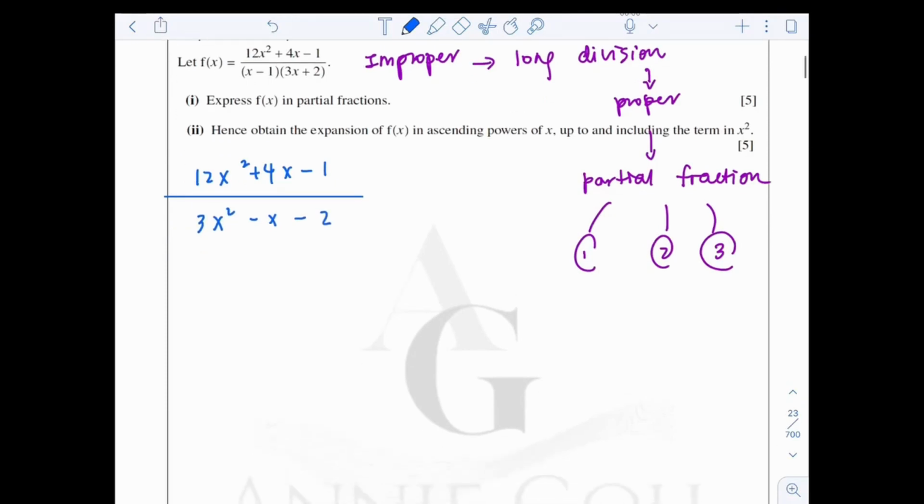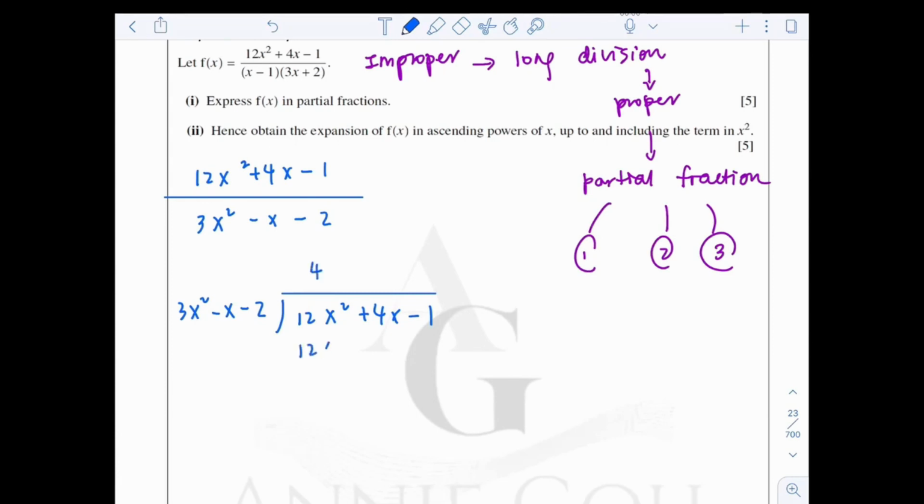So 12x squared plus 4x minus 1 goes inside here, and 3x squared minus x minus 2 goes outside. You learn long division further in the polynomial chapter. The first value to put here is 4, to make 12x squared.